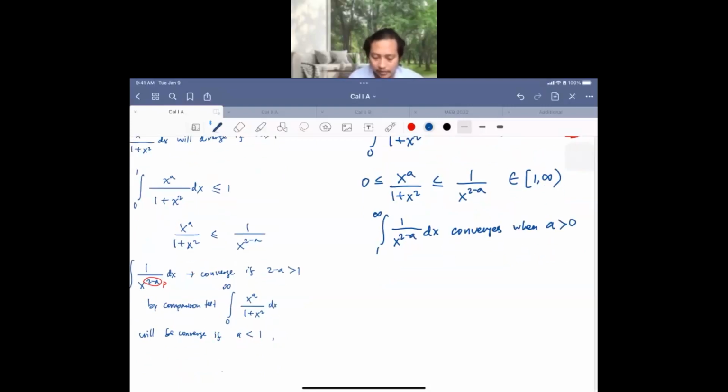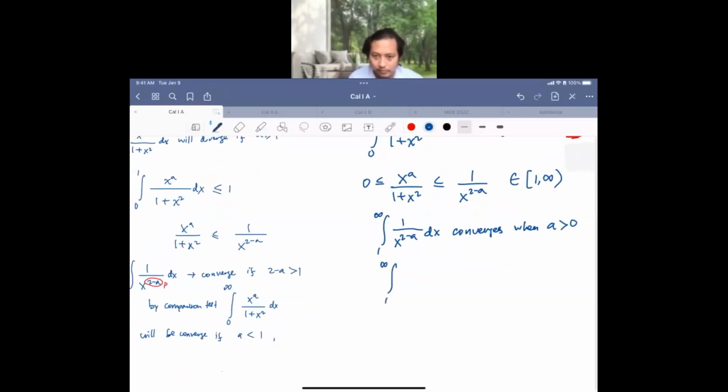So by comparison test, this will be converged if a is less than 0.